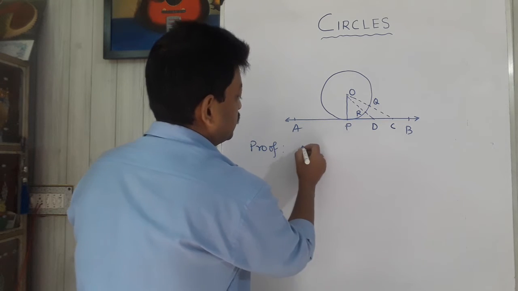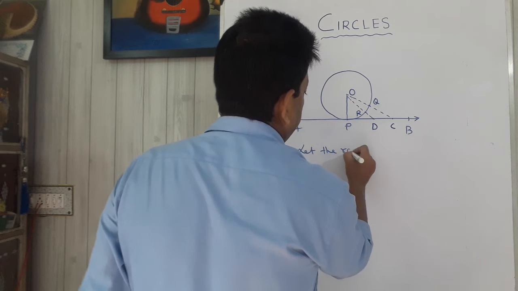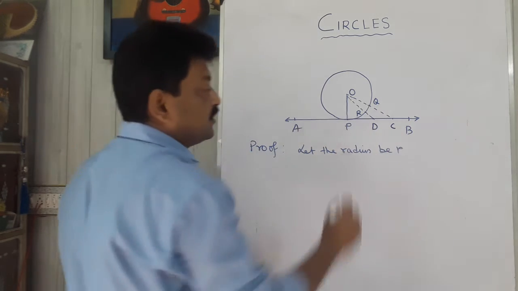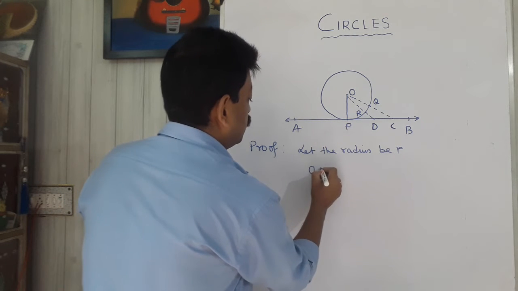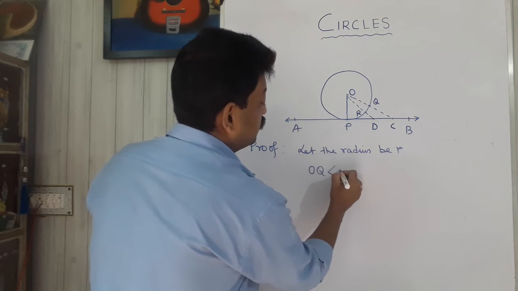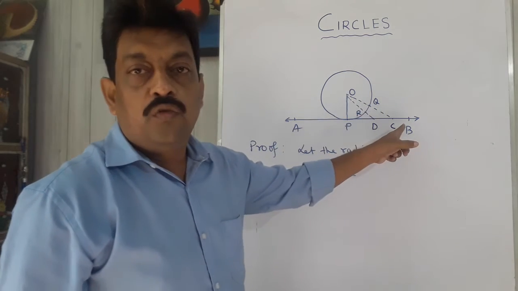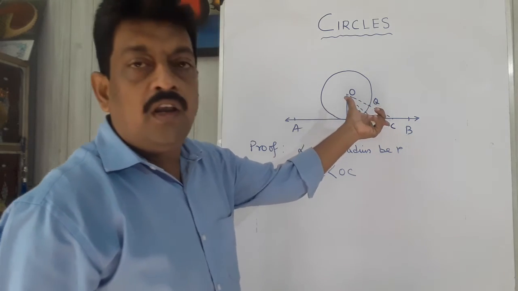Let the radius of this circle be R. So here you can see that OQ is less than OC, since Q lies between O and C.